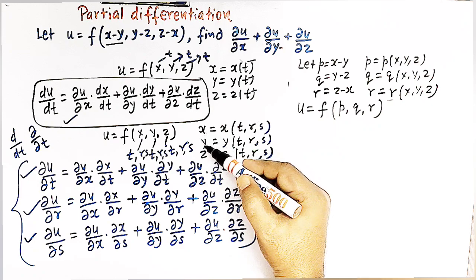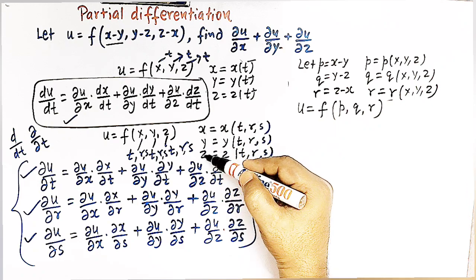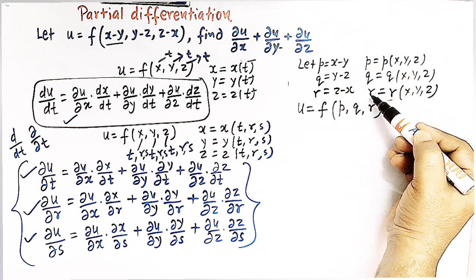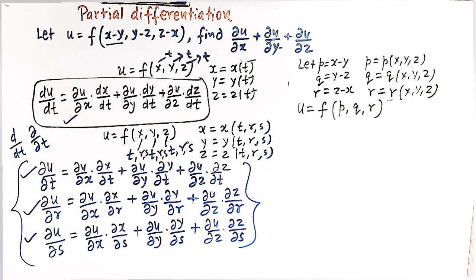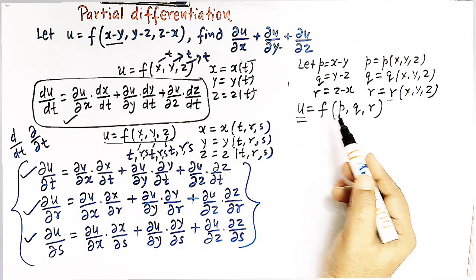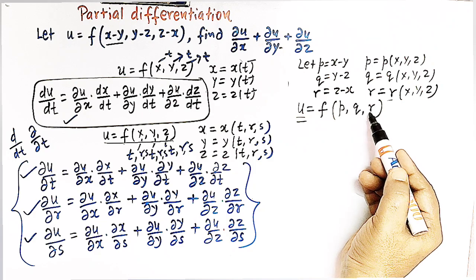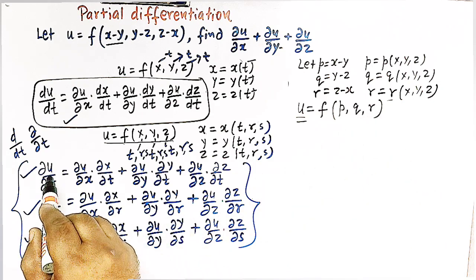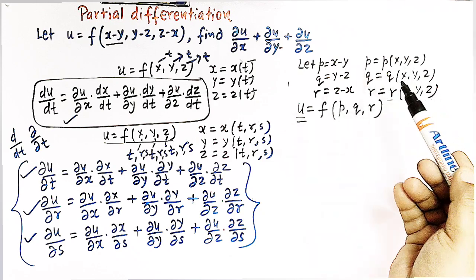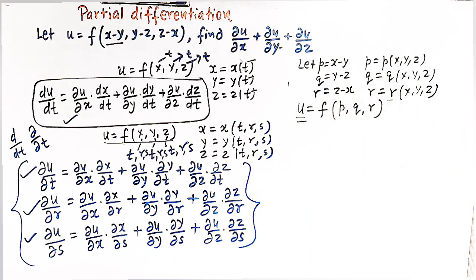Here we have x, y, and z. x, y, z are functions of t, r, and s, and here p, q, r are functions of x, y, and z, and u is given by f of p comma q comma r. So now let us write these three expressions using these variables, that is p, q, r, and x, y, and z.